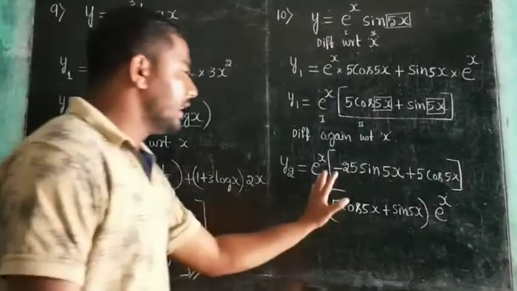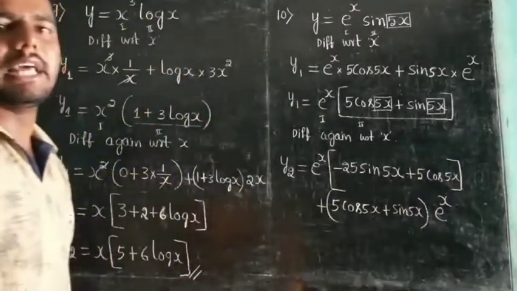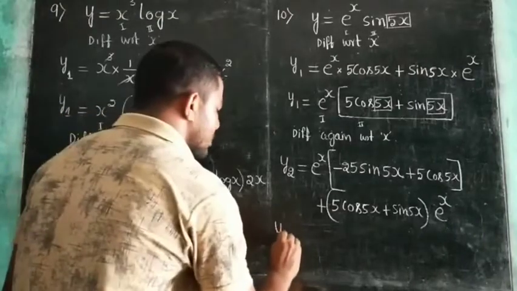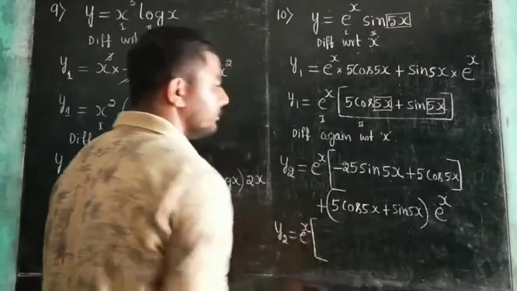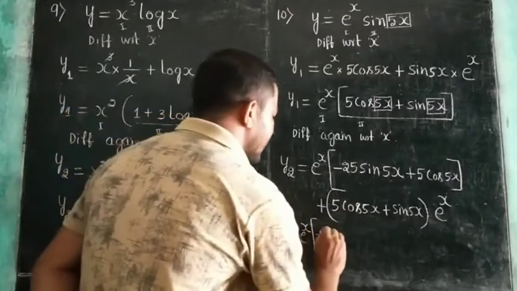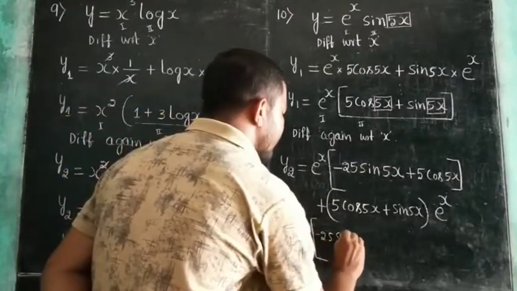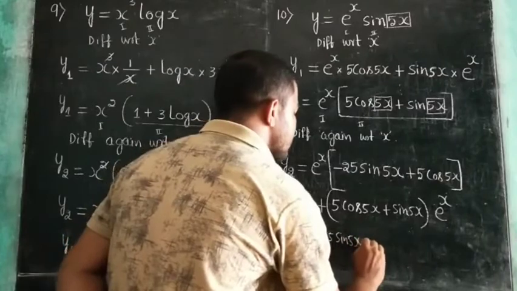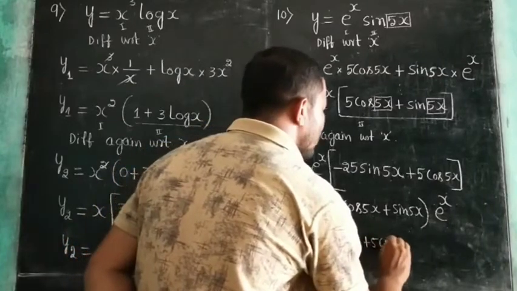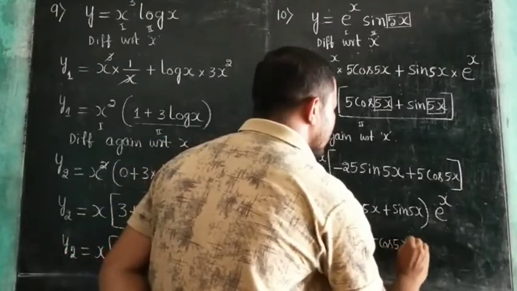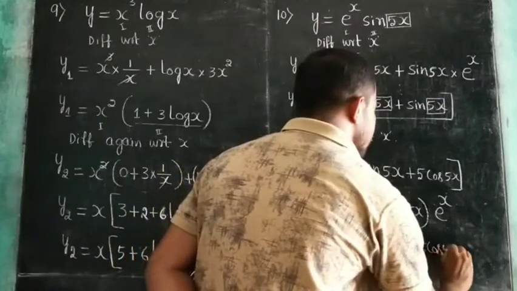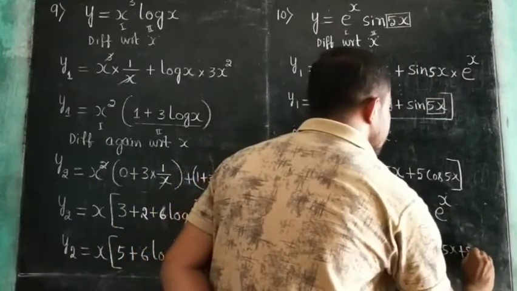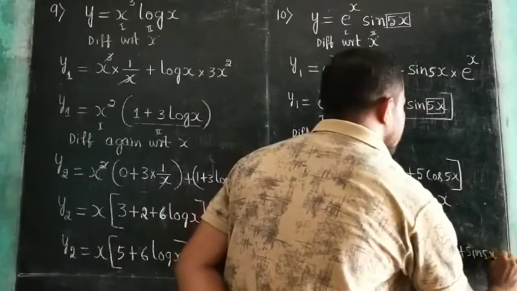Once again in both the terms there will be e power x. So take e power x as common factor. Then here minus 25 sin 5x plus 5 cos 5x plus 5 cos 5x plus sin 5x.